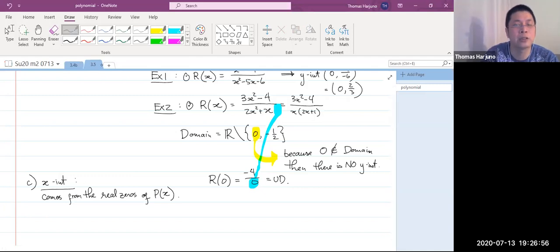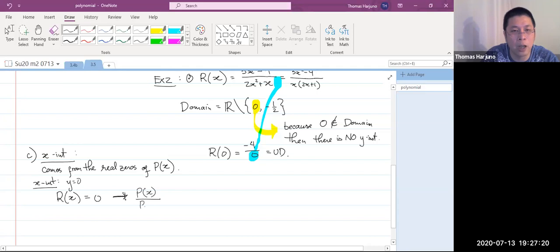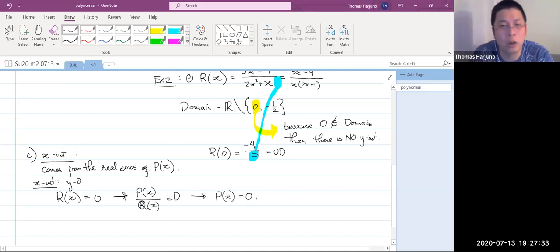Now here's the logic. Rx, we set that equal to 0. To find the x-intercept, we need to set y equal to 0, right? But it means Px over Qx equals 0. Now a fraction equals 0 only if the numerator is 0. That's where the logic is coming from.